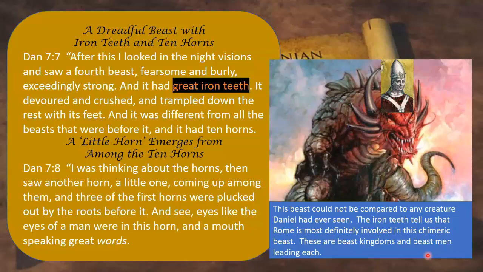Not only is it involved in this chimeric beast, but it will be involved all the way down to the toes of the beast. We always see this prominent metal all the way down to the tippy toes. So these are beast kingdoms and beast men leading each of these beast kingdoms.